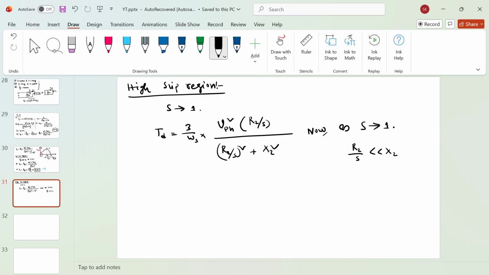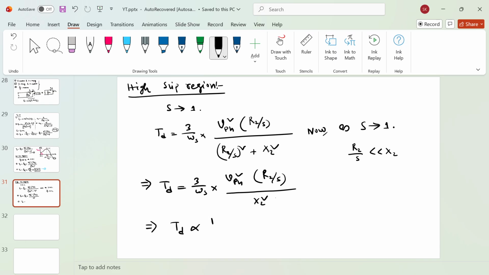You can just assume that. So Td is equal to 3 by omega s into V phase square R2 by S by X2 square. Here you can see Td is inversely proportional to slip, so it will be kind of parabolic in nature.